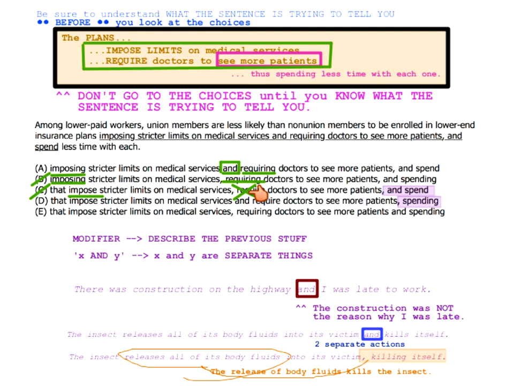I mean, again, you could read this as impose, require, and spend, but then you have this issue of you're telling me that insurance plans spend time with people again. And then the impose, limits, and require doctors to see patients. That's what we want. That's good. It's good and not bad.